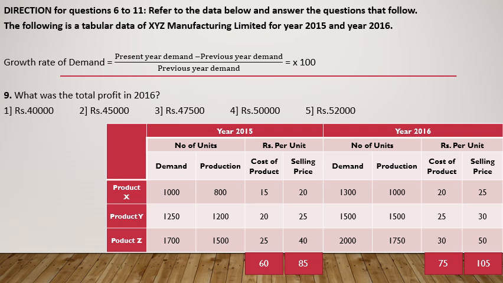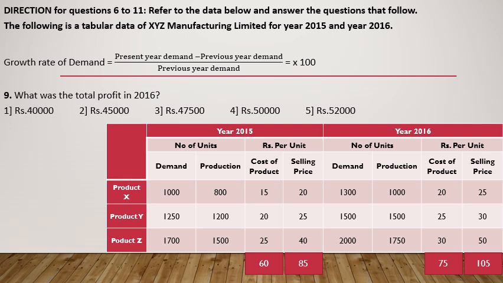Okay. Coming to the next question, question number 9. The question is, what was the total profit in 2016? Let us check the total profit in 2016. If we check the cost price in 2016, the data is number of units and rupees per unit.